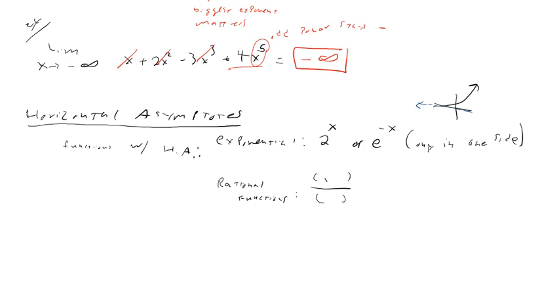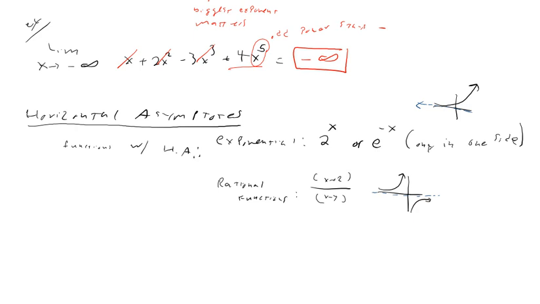They're functions that look like this. They have horizontal asymptotes located here. They also have vertical asymptotes, but they have horizontal ones as well. Rational functions are one of the few that have horizontal asymptotes.